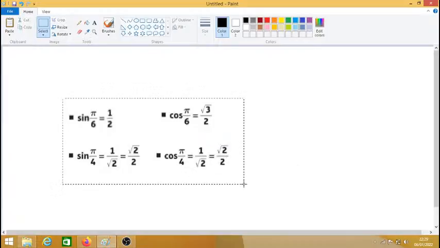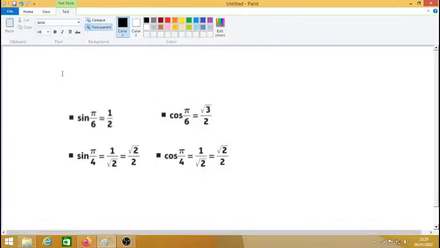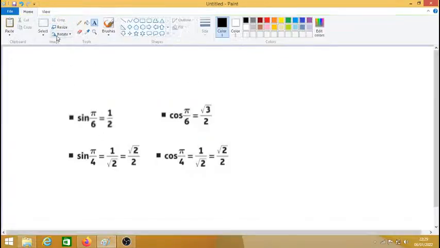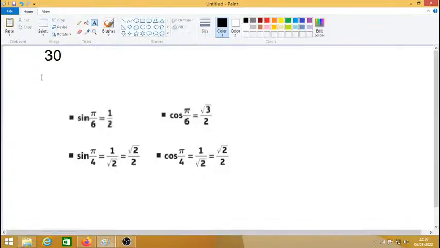So let's just take those. And while we're at it, we might as well just repeat. It's 30 degrees and 45 degrees that we're looking at. So 30 degrees can be written there and here.